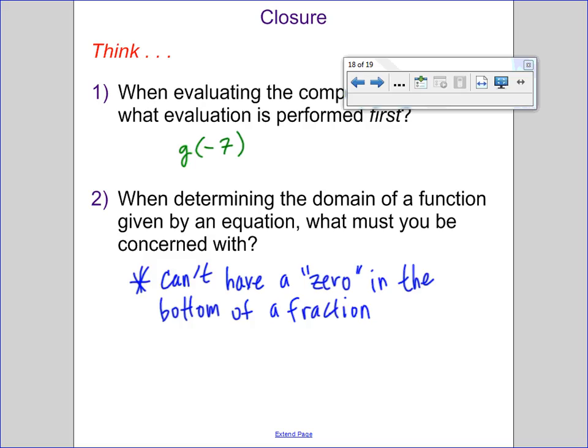And one more that we've had in passing, but we haven't spent much time on, Margot? You can't have a negative number inside of the square root. Absolutely. So we're concerned about any x value such that when substituted in would create a negative inside of a square root. So we can't have a negative number inside of a square root.